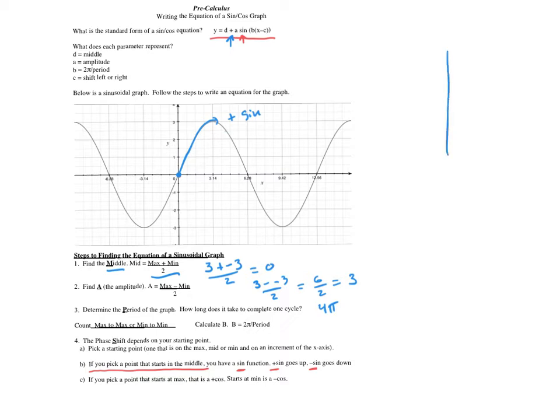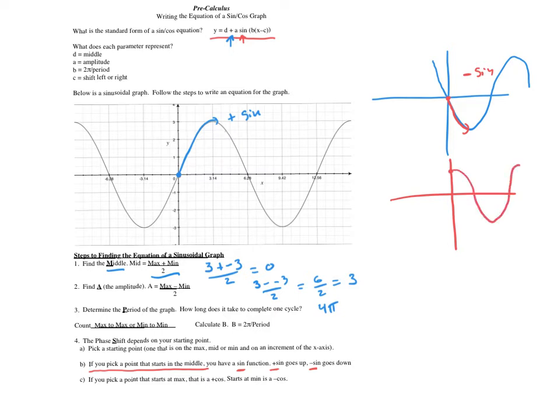Now, I'm just going to draw a couple of sketches. If you had a graph that looks something like this, it would be a negative sine because it starts in the middle and goes down. In order to do a cosine, if it started up here and went down like this, it would be a positive cosine.